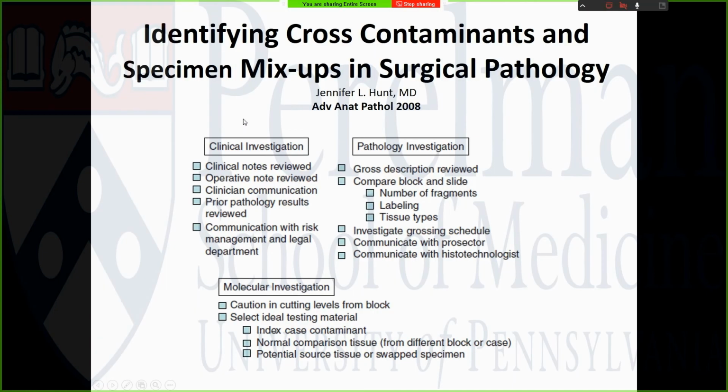So we took a systematic approach to this, trying to identify if this was a cross-contaminant or a specimen mix-up, and we investigated to the point that we did molecular analysis. We ruled out a mix-up or cross-contamination, since the DNA analysis showed it did belong to this patient.